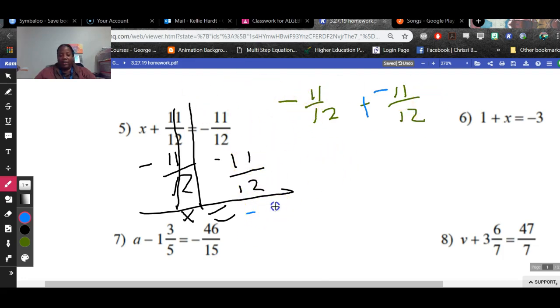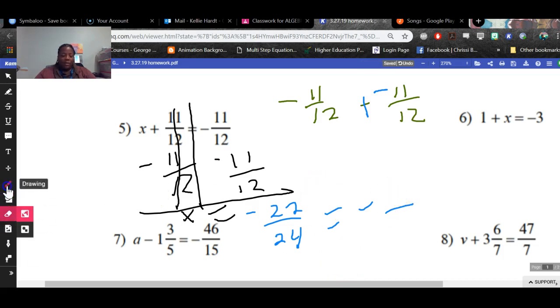I have 11 plus 11, that's a 22. A 12 plus a 12 is a 24. And I can reduce. 22 over 24. Let's reduce it back with 11. Right? So 11 goes into 22 2 times. And then, I should be reducing my 2's.